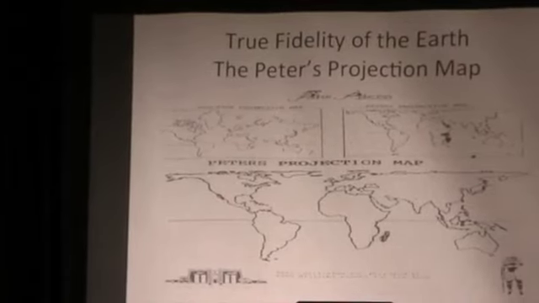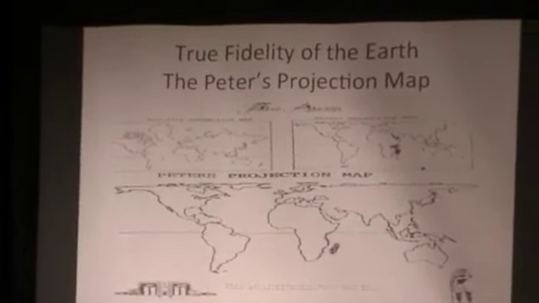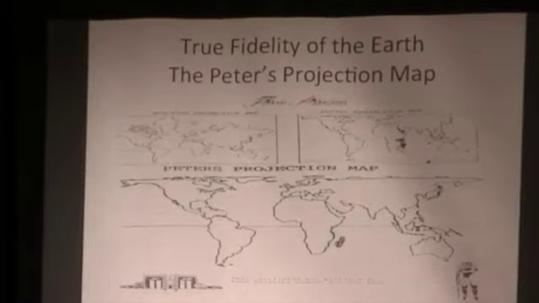It's called fidelity. It means that you're accurate. The Mercator map is not accurate. It does not show Africa for its true size.